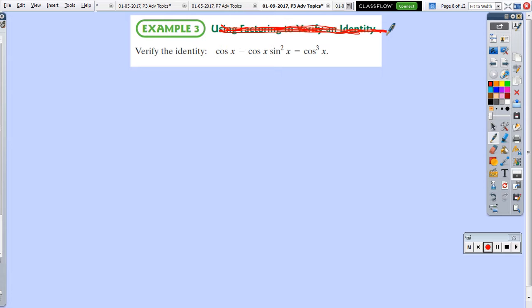How do you combine cosine of x and negative cosine sine squared x? That's like asking how do you combine x and negative 3xy? Well, we can't. So the only other thing you have is factoring. So let's see what happens, because a lot of times you're not going to know what to do. You're just trying things.